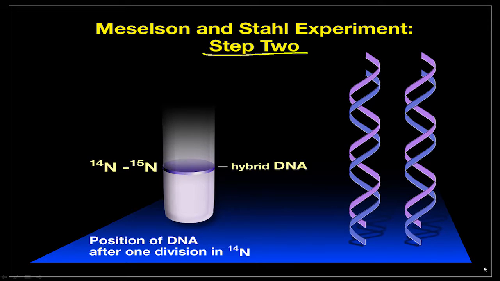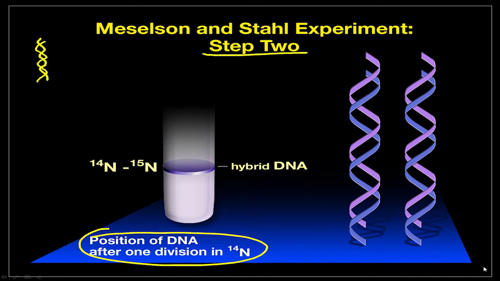So step two, meaning after one division in non-heavy nitrogen, let's think about the predictions conceptually. If the semi-conservative model is true, let me draw it in yellow because we have a black background here, then the way they did it, think of all this as heavy, right? Yellow is going to mean heavy now because that's what they grew it on. Now, if the semi-conservative model is true, the strands separate, right?